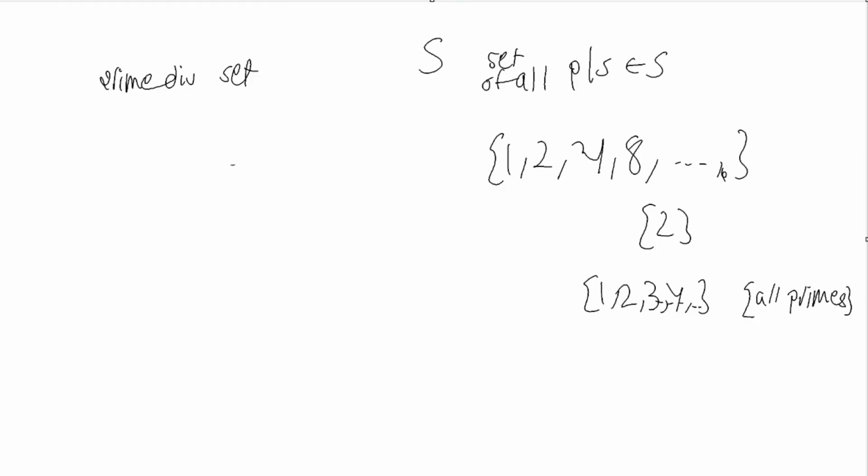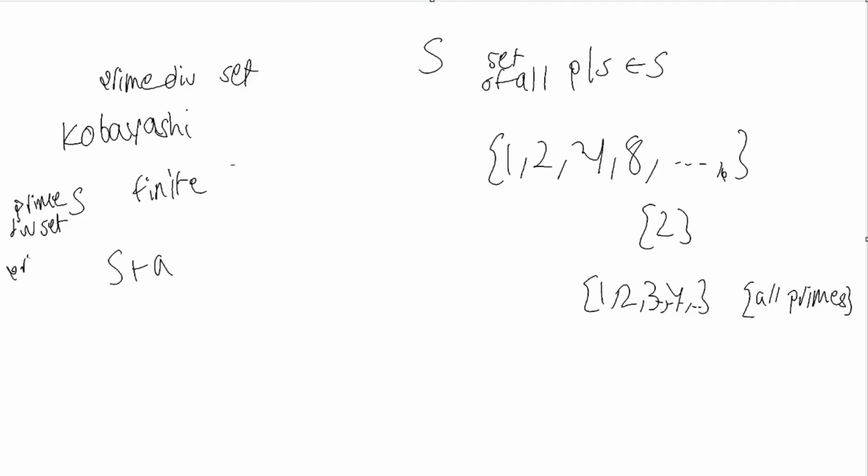Anyways, let's go ahead and discuss the rest of our sledgehammers. So the first one is called Kobayashi. And it states that if the prime divisor set of S is finite, then if we add a constant to every single element of S, so I'm going to call this S plus a, then the prime divisor set of this set here is infinite.